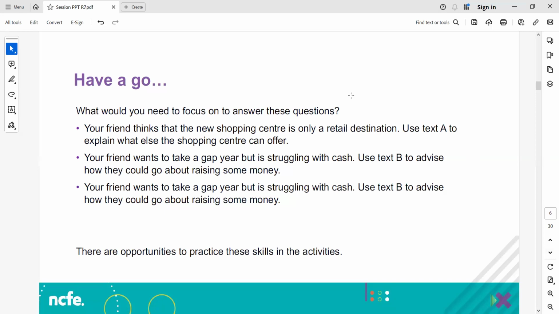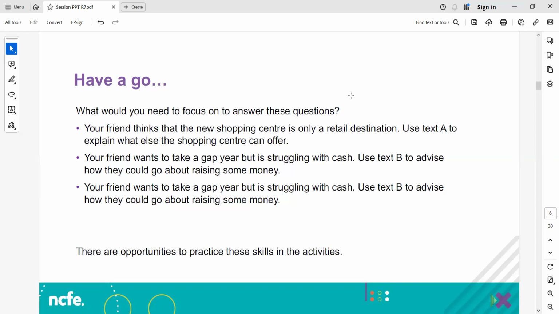You could look for like services that they offer or things that are available at the centre. Excellent. So other services, so non-shopping services. Excellent, yeah. So it could be leisure. Is there a cinema? Does it mention if there's a cinema?